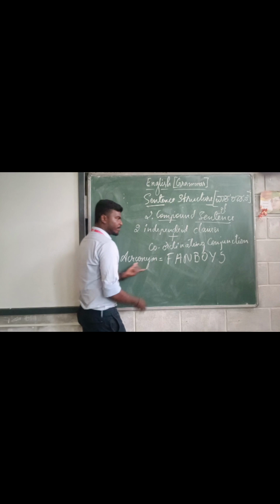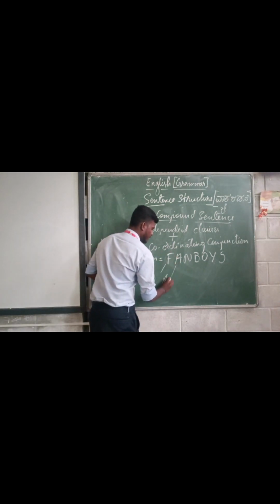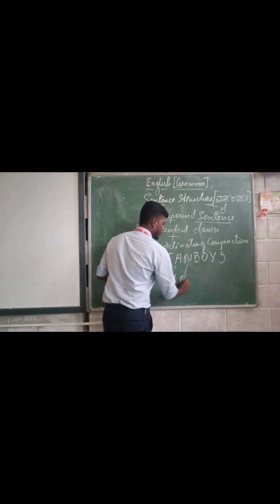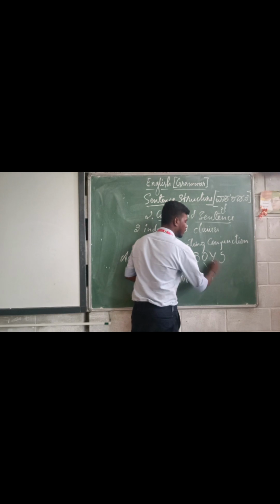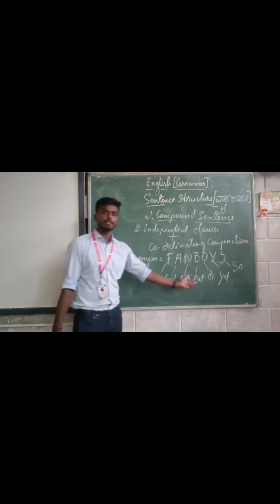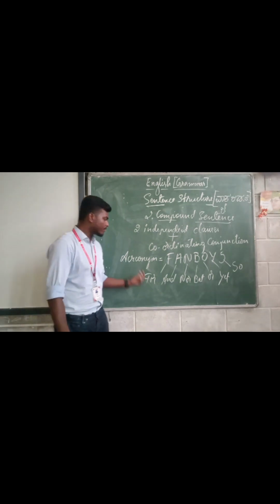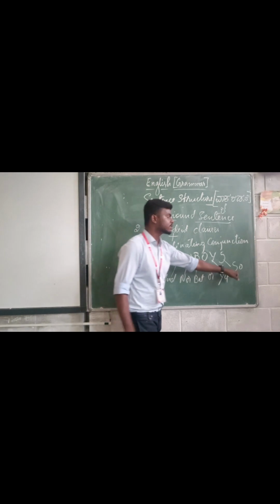FANBOYS is nothing but F is for, A is and, N is nor, B is but, O is or, Y is yet and S is so. So these are the coordinating conjunctions, that is for, and, nor, but, or, yet and so.